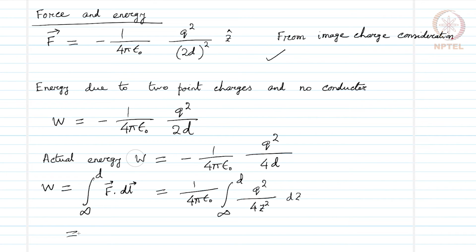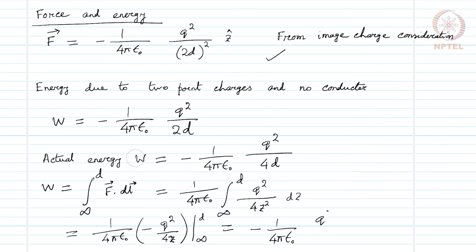This quantity equals 1 over 4 pi epsilon naught times minus q squared over 4z. Limits are infinity to d, and putting the limits we find it is minus 1 over 4 pi epsilon naught q squared over 4d.